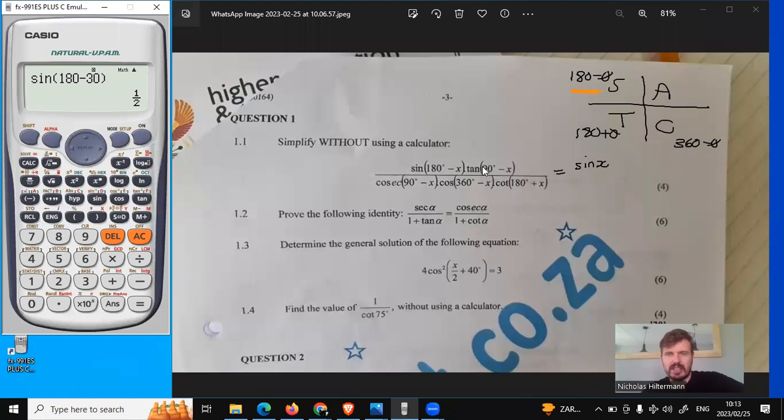Now the next one, tan of 90 minus x. What I do is I can give x a value. So let me give x a value of, so I'll say tan, where's tan here? Tan of 90 minus, say, 30.